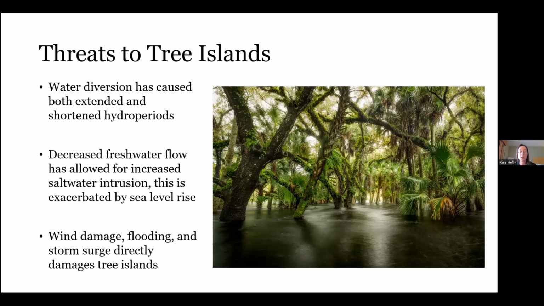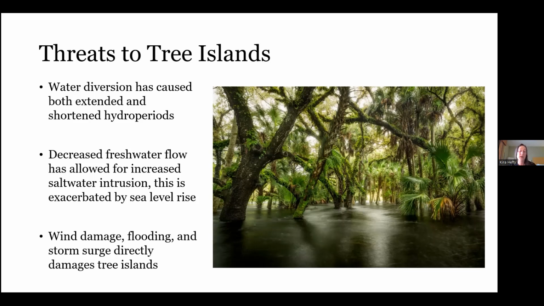And then we have loss of our forested communities on these previous upland systems, and loss of these tree islands as a whole. In the areas that have become drier, so we have less freshwater inundation, that has actually allowed the advance of salt water onto the landscape.